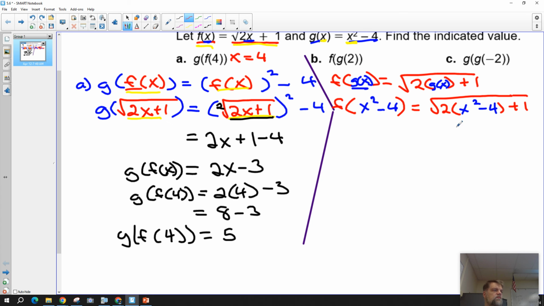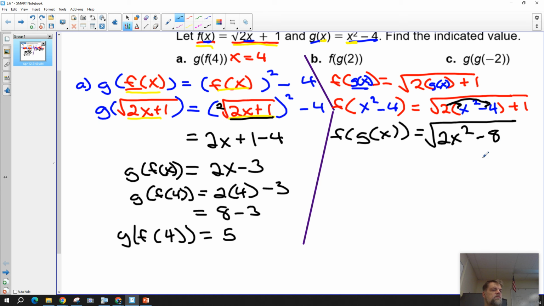Okay? Now what's the next step, guys? What would I do next? Well, I'm going to have to push the 2 through the parentheses, right? So 2 times x squared is 2x squared. 2 times negative 4 is negative 8, right?